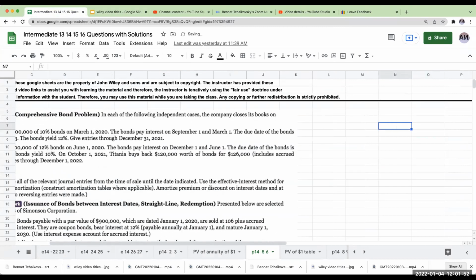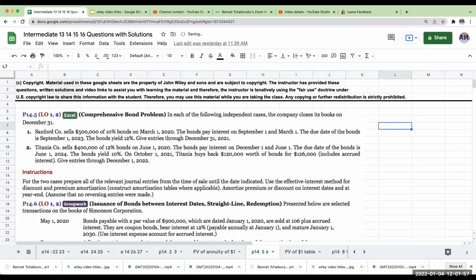Okay, well, we're just going to go ahead and do everything. So the first question is, was this bond issued at a discount or at a premium? Well, over here, the bond was issued at a discount. And how do we know that? The stated rate of 10% is less than the market rate of 12%.